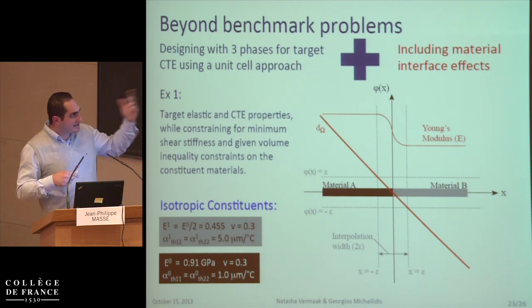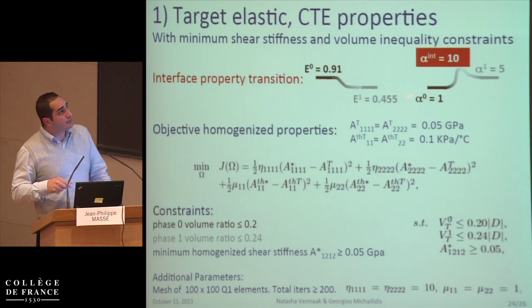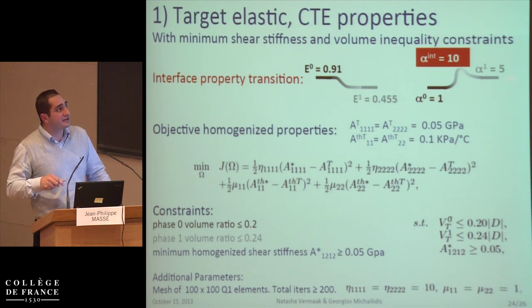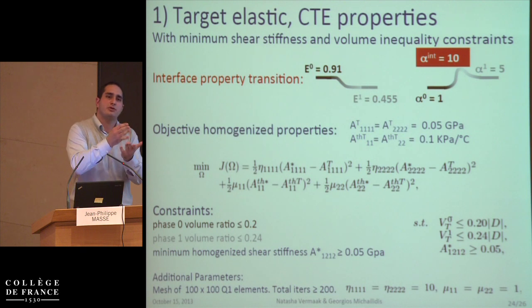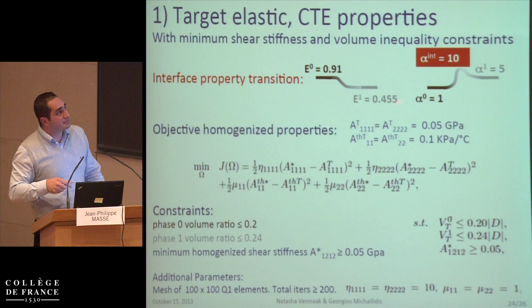So we take the last example that we have presented, and this time we consider that for the thermal strain coefficient there is a bump in the intermediate interface of the two materials. This is the profile of the Young modulus, and this is the profile of the thermal strain coefficients.